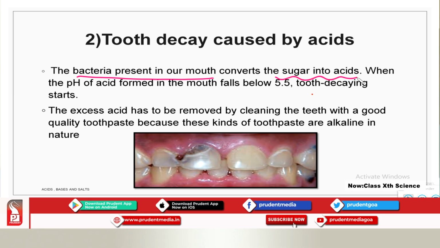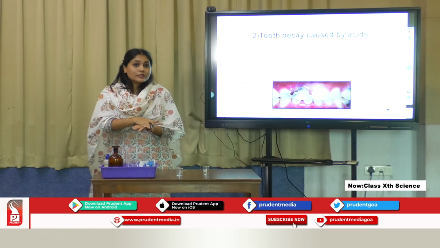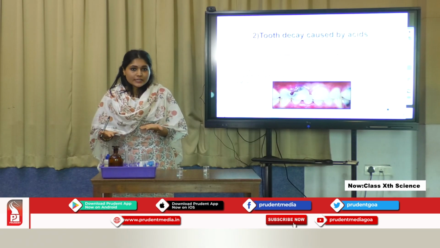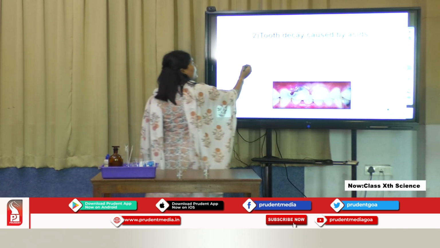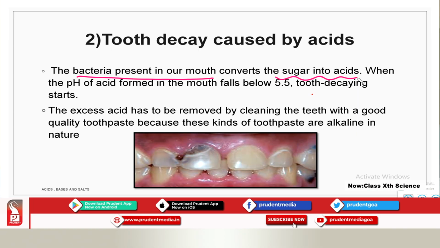Now, when the pH of acid formed in the mouth falls below 5.5, we know the pH value, okay, the lower the pH value, the more acidic is the nature. So, if the pH of acid formed in the mouth falls below 5.5, what will happen? You can see over here in this picture, tooth decaying. So, the excess acid has to be removed by cleaning the teeth with a good quality toothpaste.